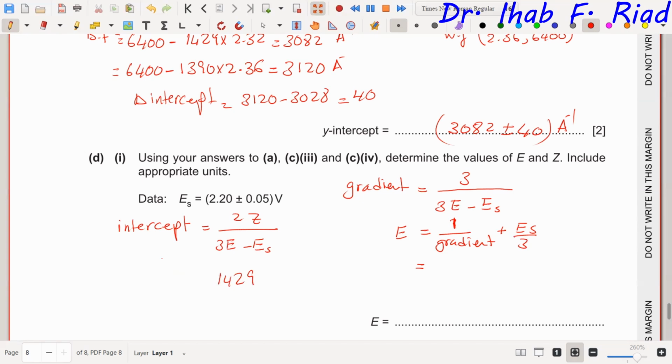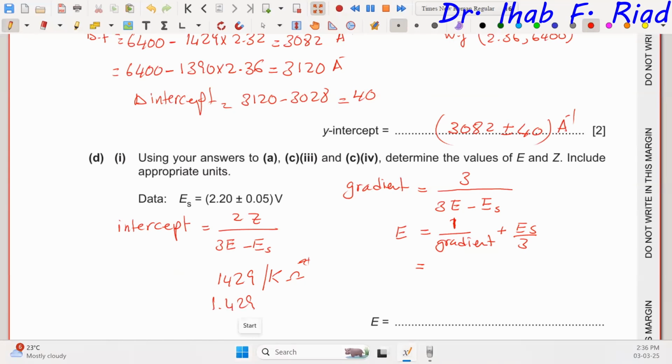Now we have to be a little bit cautious, Deem. Remember, we have kilo ohms. Yes. Divided by kilo ohm, so actually the gradient is going to be 1.429. Okay. Right? Yes.